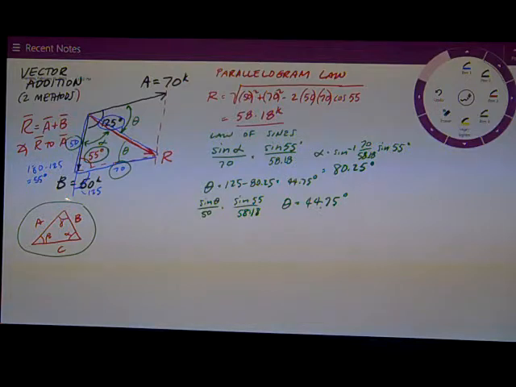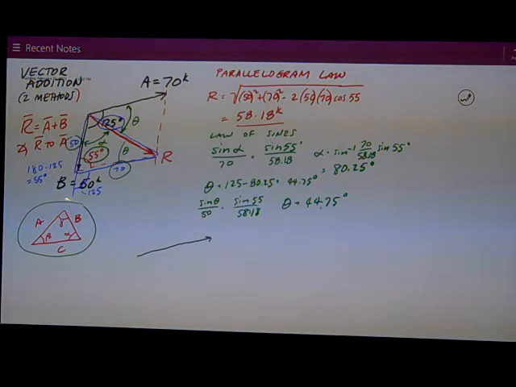So let's take the 70 kip side and make that the x-axis. So if that's the x-axis, then perpendicular to that, I have a new y-axis.